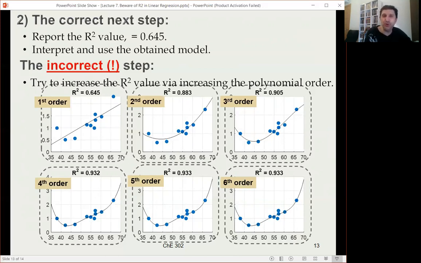Just assume that you conduct an experiment at 70, right? This is what your assumed model suggests, which is going to be something like 2, and this is going to be, believe me, much closer to the true value. Compare it with this one, around 70. This says it is around 4.